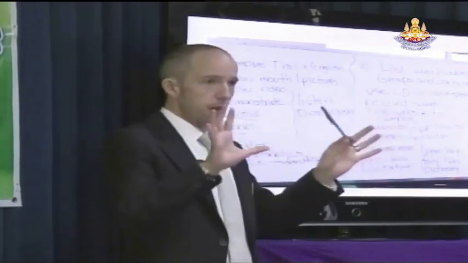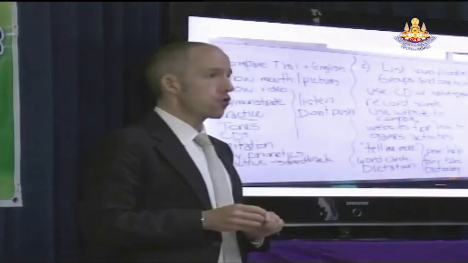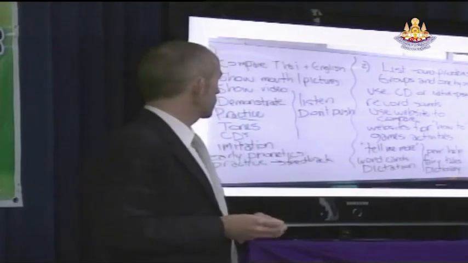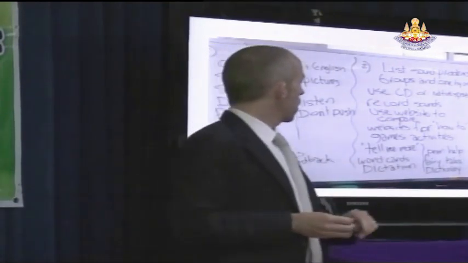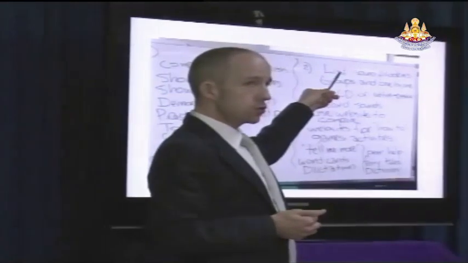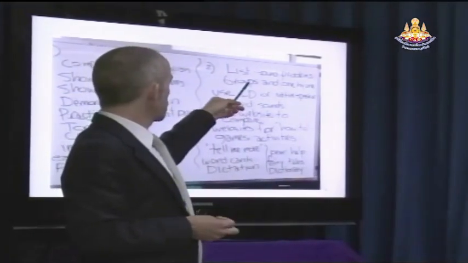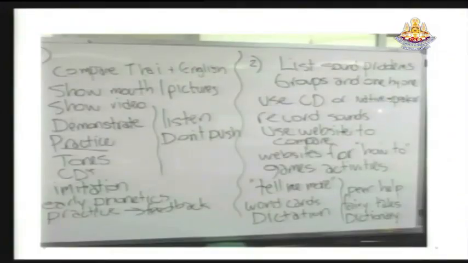Don't push them too hard. Don't make them nervous. Don't cause a lot of stress in the class. List the sound problems, different sound problems. Groups. Work together in groups. Groups are good. Also, one-on-one with the teacher, student, also important.